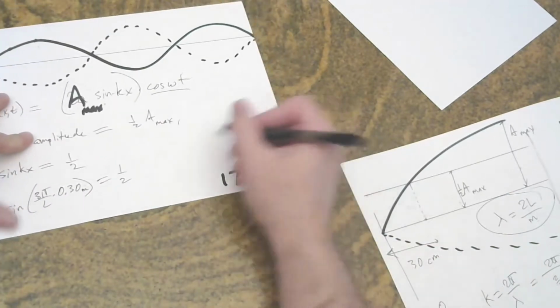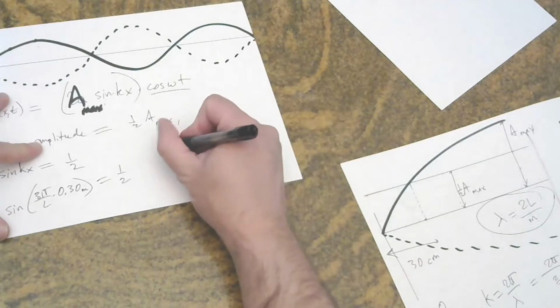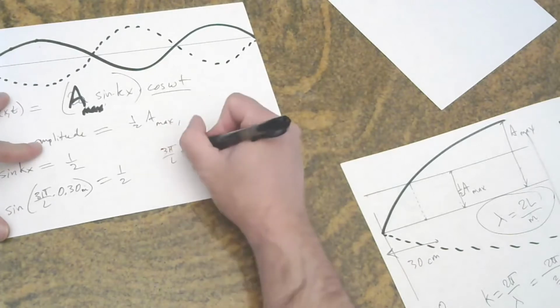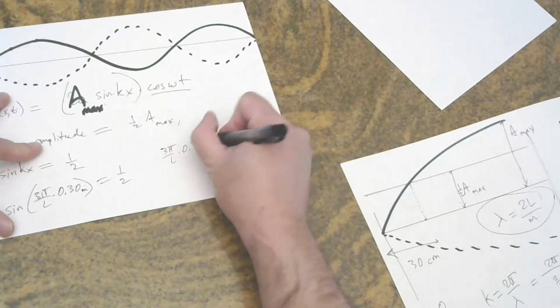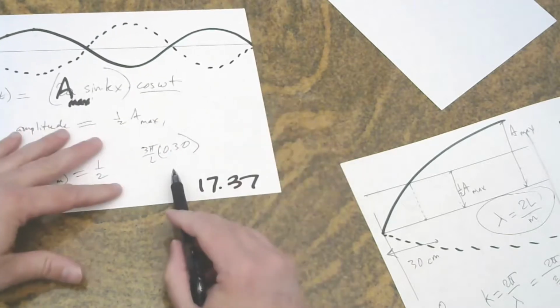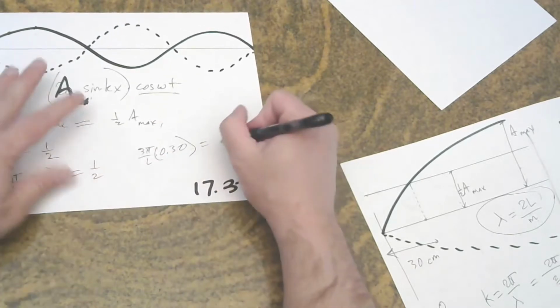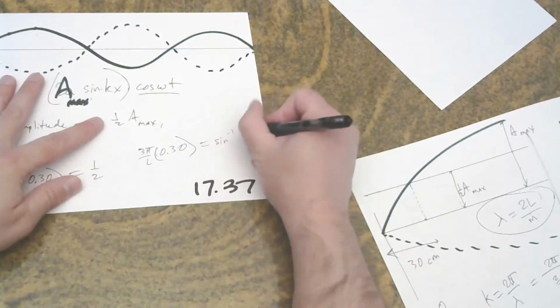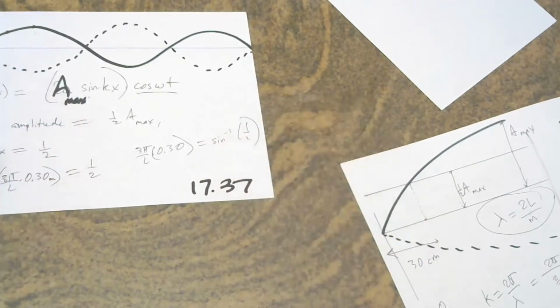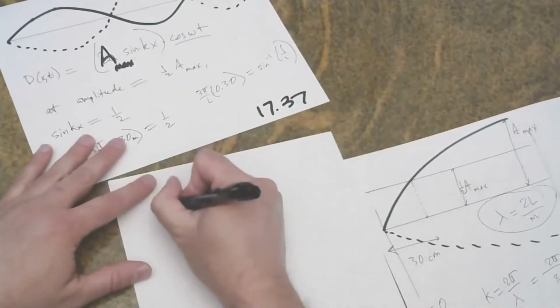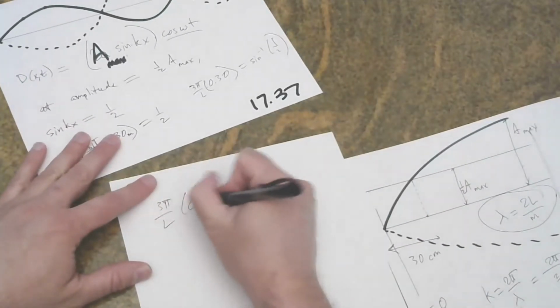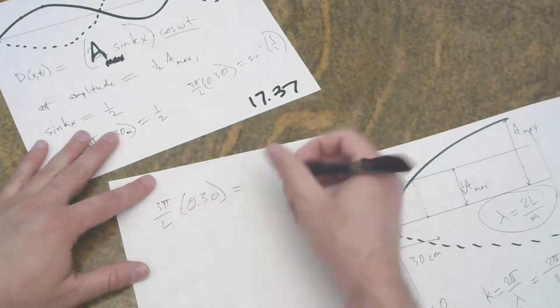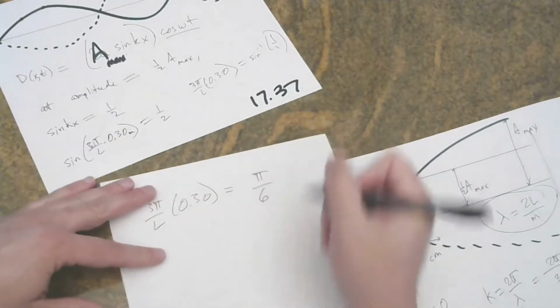Okay, if you want, you could say 3 pi over L times 0.30 must equal the arc sine or inverse sine of 1/2. So 3 pi over L times 0.30 has to equal pi over 6.